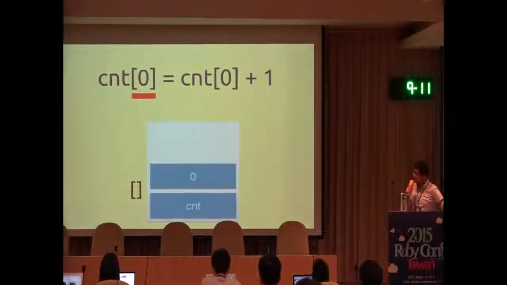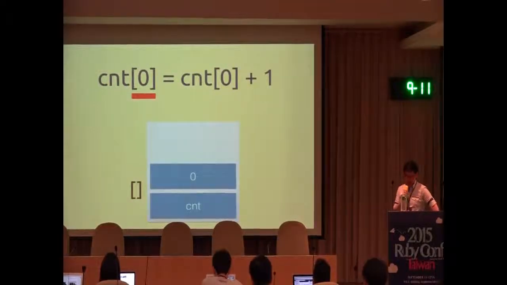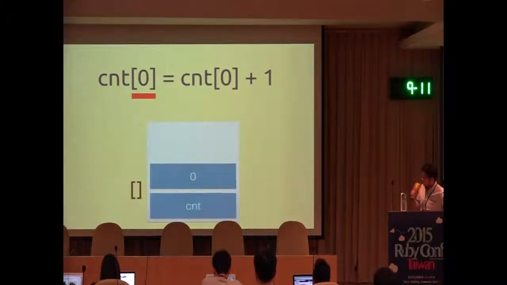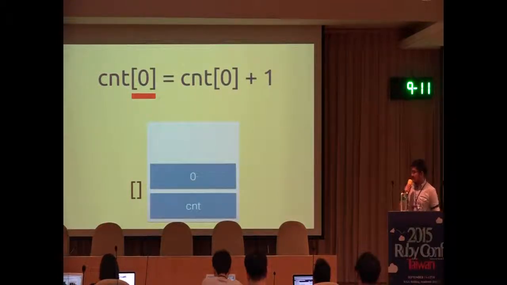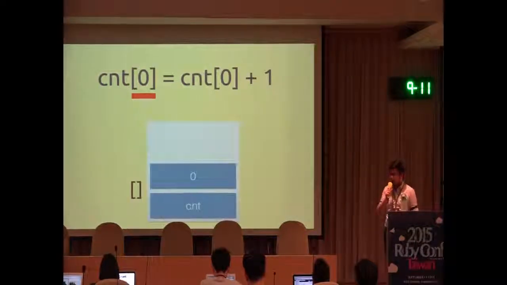Then we will put the index object on the top of the stack, and we will call the add method of that specific array object. This is done by the send bytecode instruction. So once again, it will be committed.